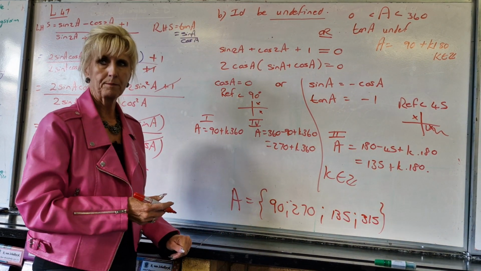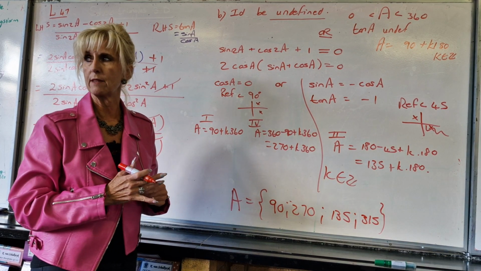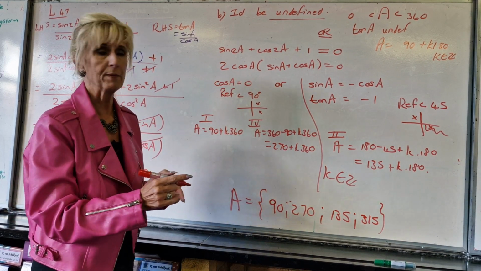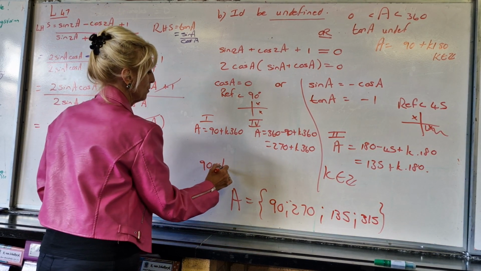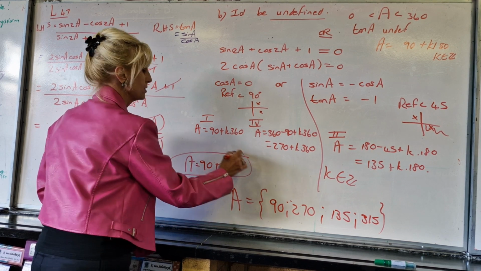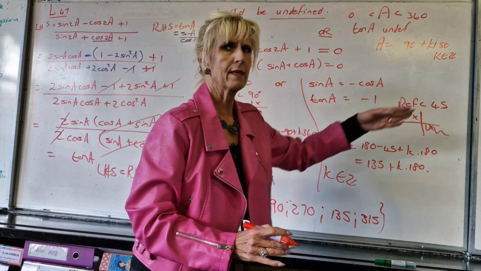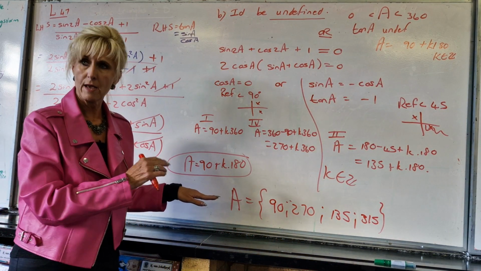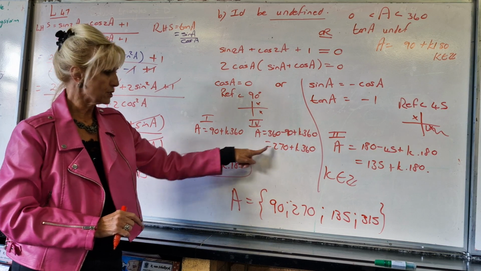Please remember, if you check a memo somewhere that you got a paper from and you're checking the memo, this might have been written as only 90 plus k times 180. And then you thought to yourself, no, wait, I've done this, and this, and this, and they only write this. And you're right, because they actually just put these two together.